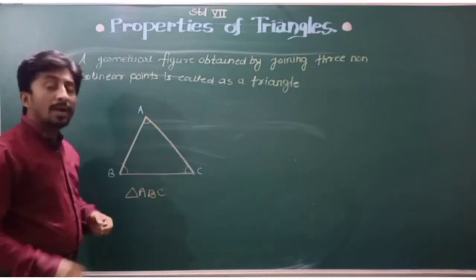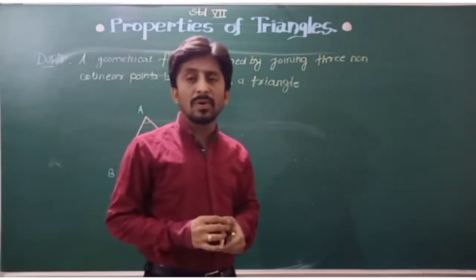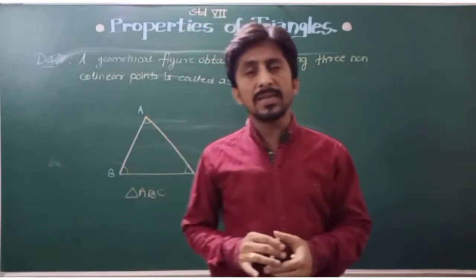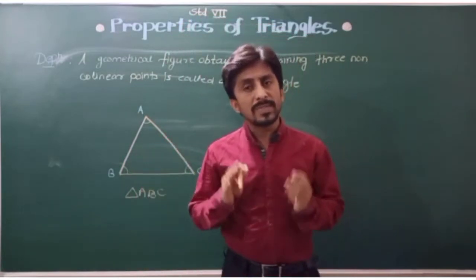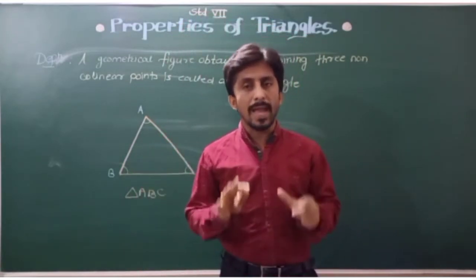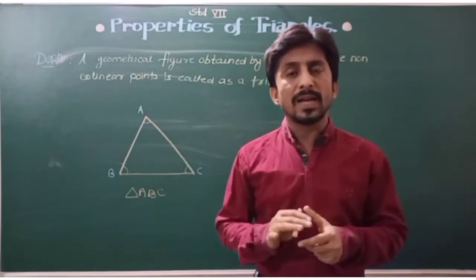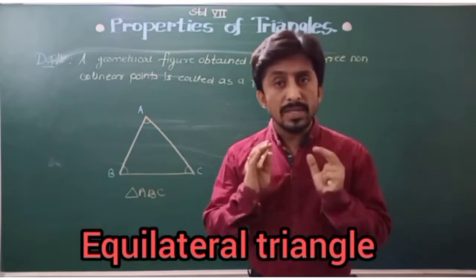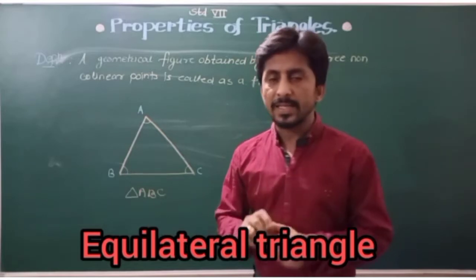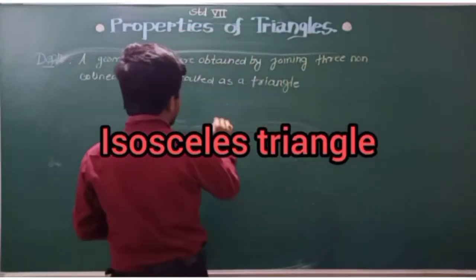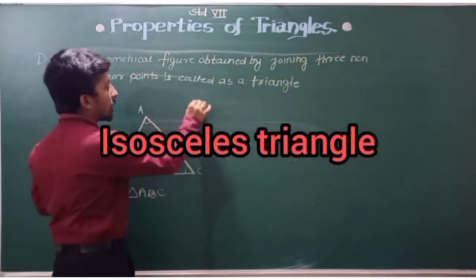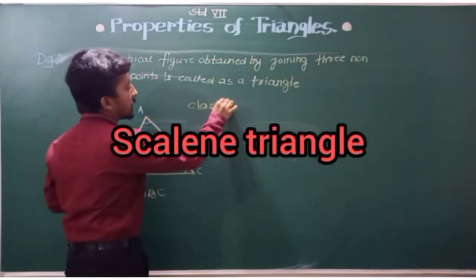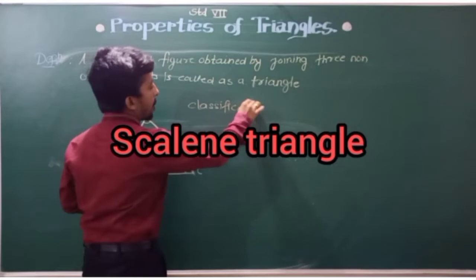Okay, then classification of triangle. You know, the triangles are classified on the basis of size and on the basis of angle. On the basis of size, they are classified as equilateral triangle, isosceles triangle and scalene triangle. So let's see the classification of triangle.